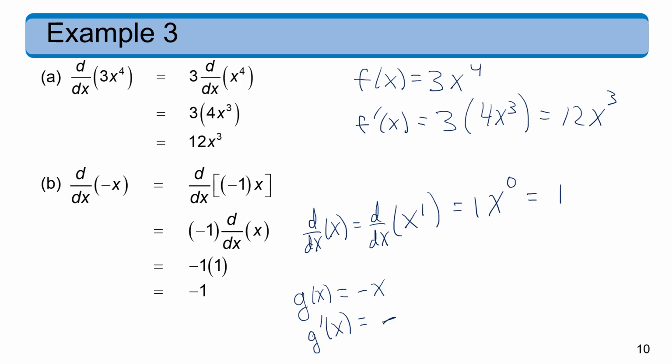And then, again, if it helps, write x as x to the first power. Then use the power rule. So bring the 1 down in front, reduce the power from 1 down to 0. We get -1 times 1, which is -1. So just a slight difference on how you write things if you're using the Leibniz notation or the prime notation.